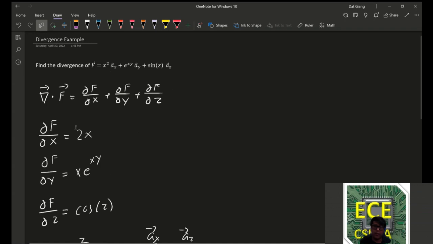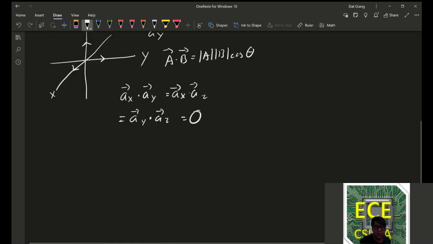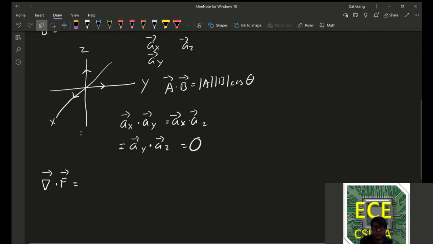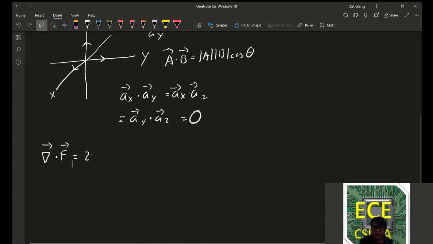Now, we computed our partial derivative in each respective direction, and now we're going to put it all together. So the divergence of the vector field is going to be equal to 2x for partial f partial x, plus x e to the xy from partial f partial y, plus cosine of z from partial f partial z.